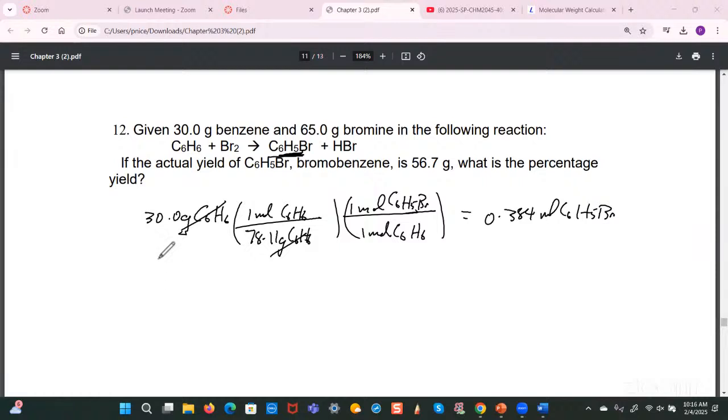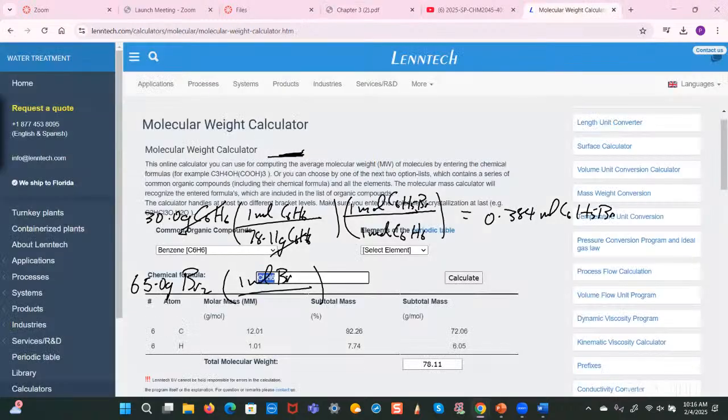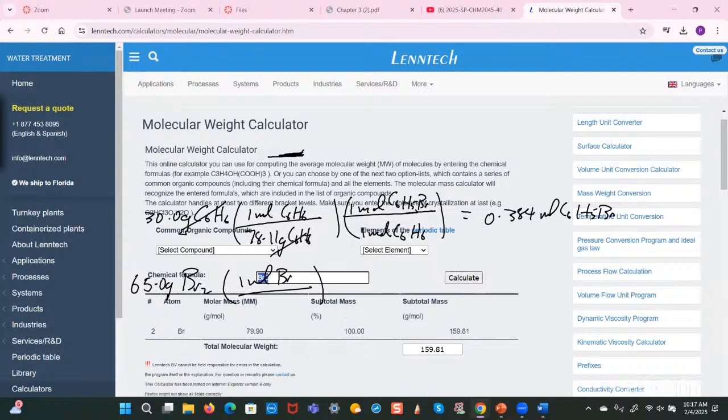Okay, and then I'm going to start off with 65.0 grams of bromine, and then I'll multiply that by 1 mole of bromine divided by the molar mass of Br2, which is, again, I'm too lazy to do. Okay, 159.81.